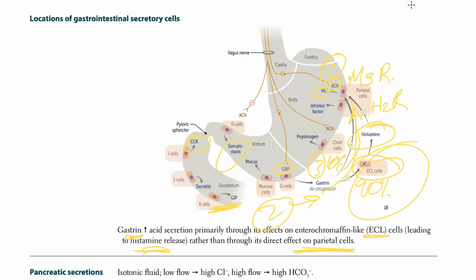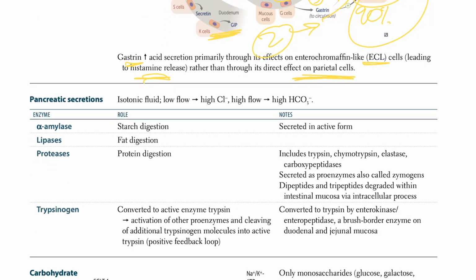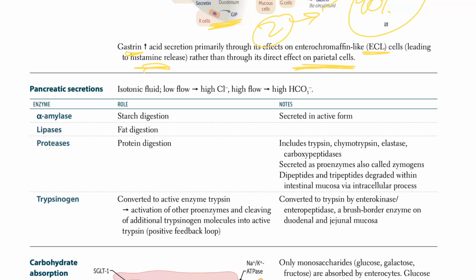Okay, so let's go with the pancreatic secretions. Very important. We have isotonic fluid. Isotonic basically means the same concentration as plasma.